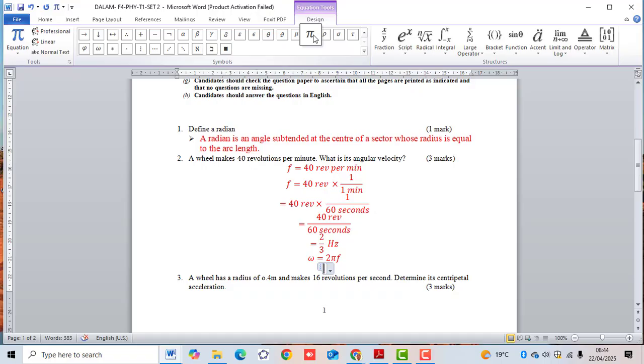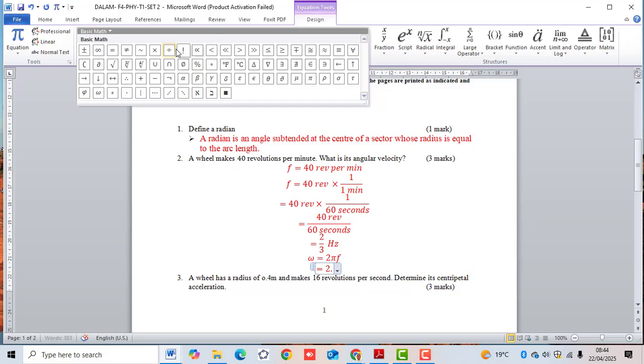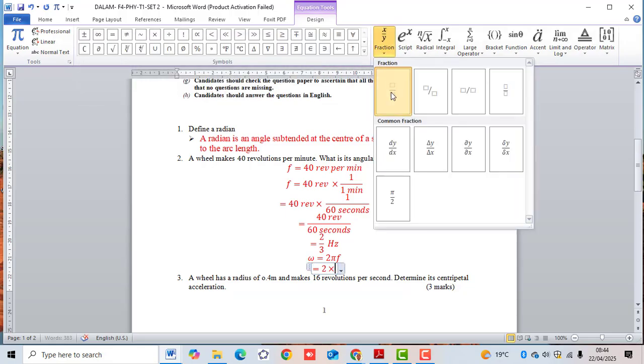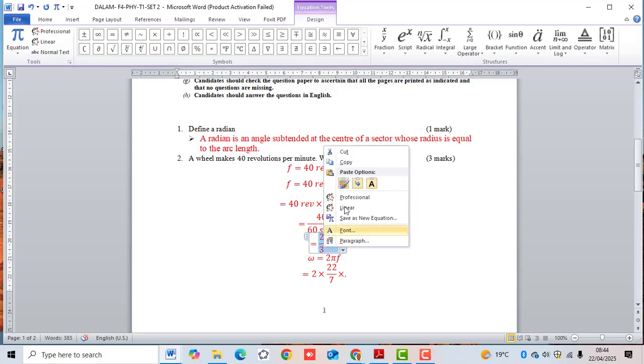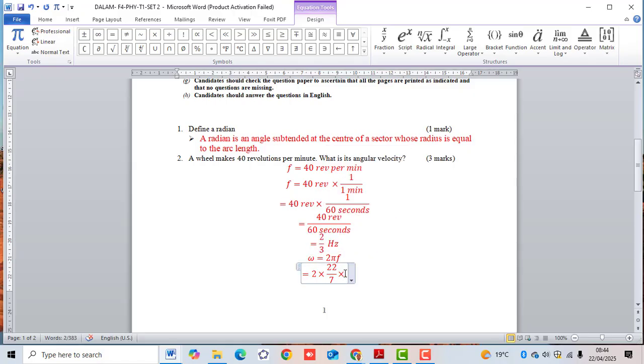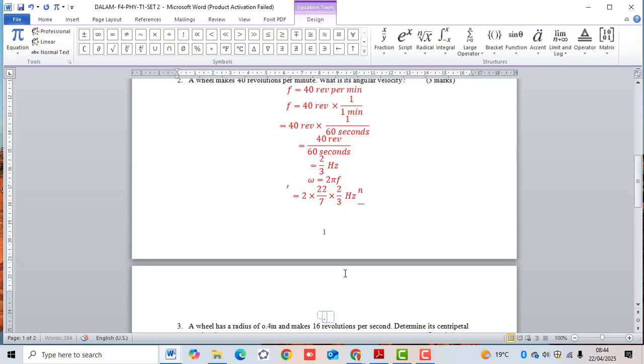And this becomes 2 multiplied by pi, which is 22 over 7, that's constant, then multiplied by the frequency, which we got as 2 over 3 hertz. When you substitute in your calculator, what will you get? 2 times 22 over 7 times 2 over 3 hertz.